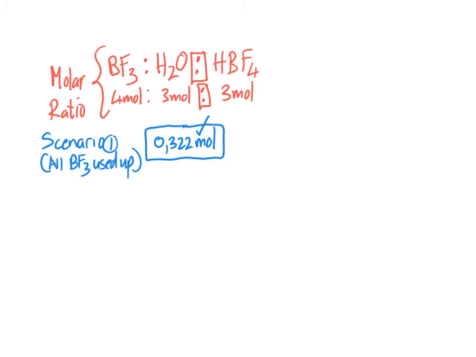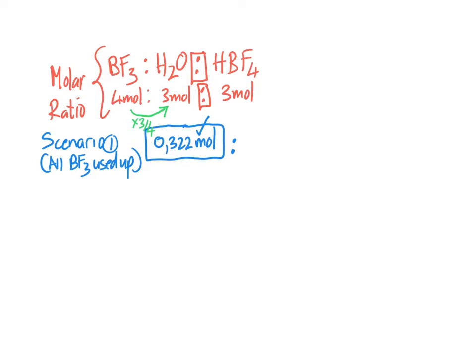Now, how much H2O will be needed? If we look at the ratio of boron fluoride to water, we see that it's a 4:3 ratio. So to get the amount of moles of water, we would multiply by 3 and divide by 4.